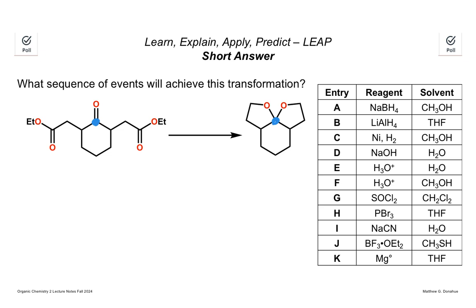And then maybe with green, you want to reduce those esters down to alcohols so that the alcohols can cyclize onto that ketone. So it gets a little steppier.